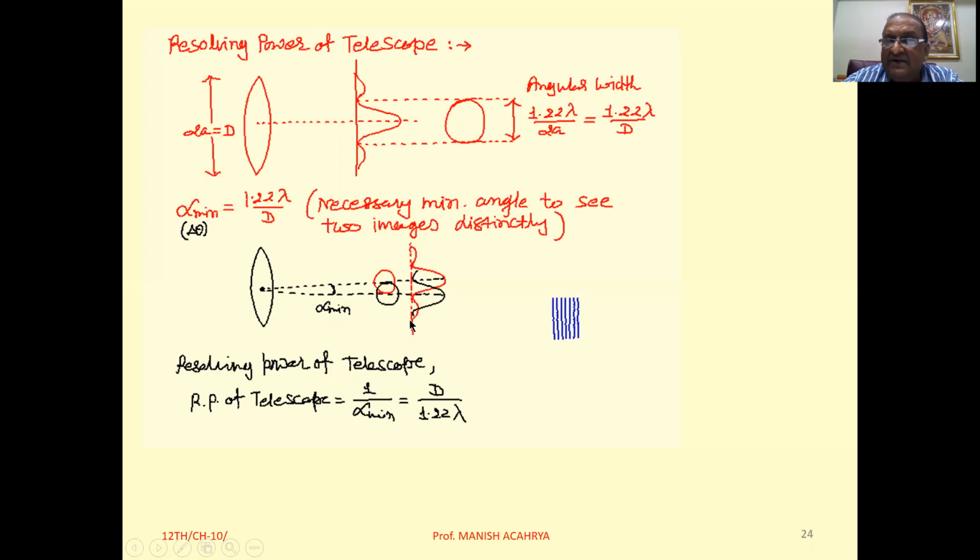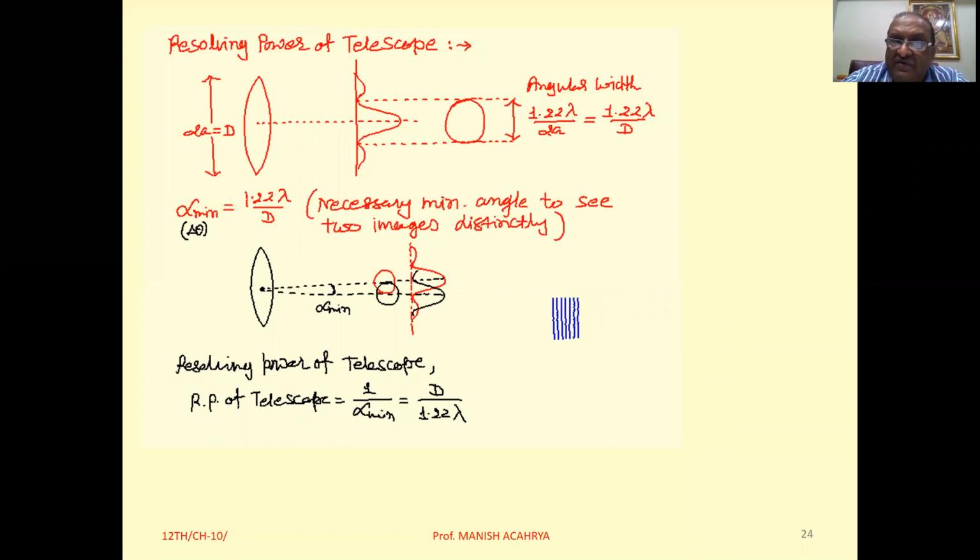Rayleigh criterion: if the central maxima of any one image is superposed on the first minima of the second image or second diffraction pattern, or is farther than that, then and only then can you observe those two objects as two distinct ones.